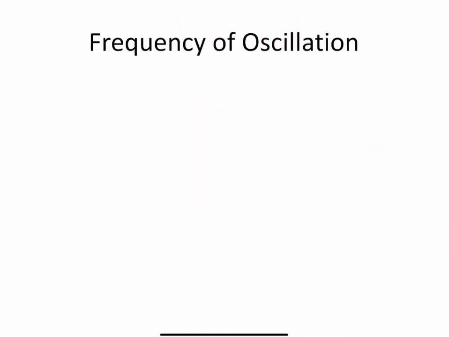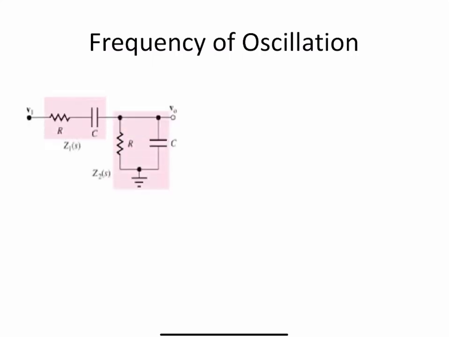Now find the frequency of oscillation for the Wien-Bridge oscillator. To find the frequency of oscillation, consider the feedback network or frequency determining network as shown. Here R3, R4 components are taken as of equal value. R3 = R4 = R and C1 = C2 = C. These phase shift components are taken as this.